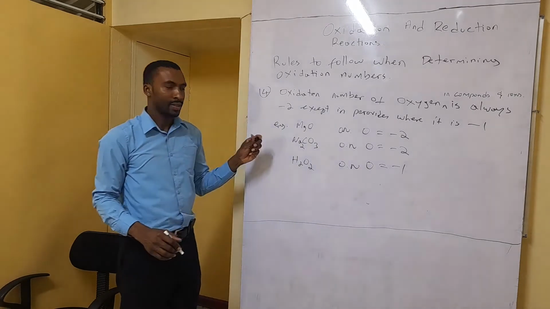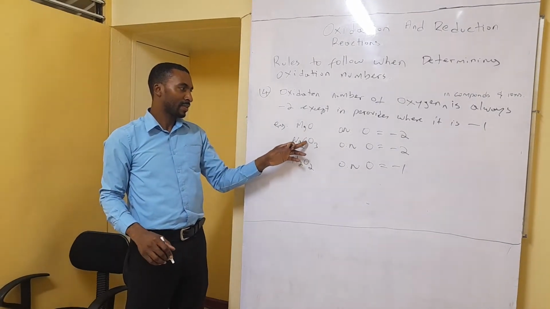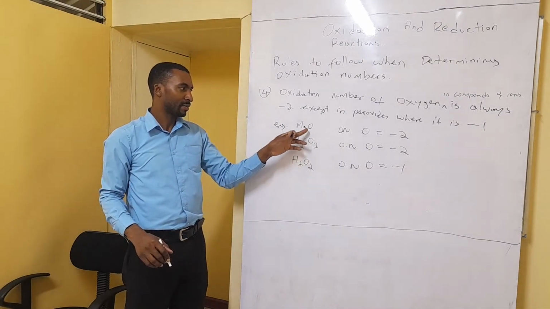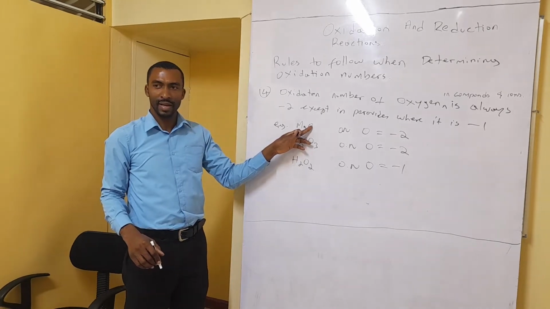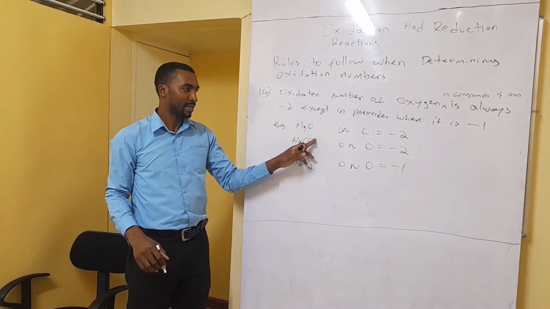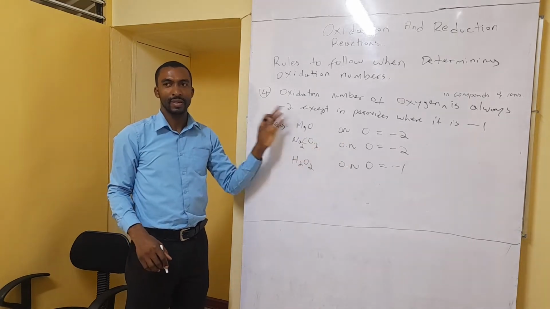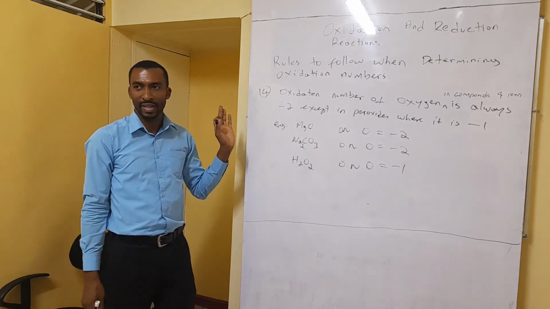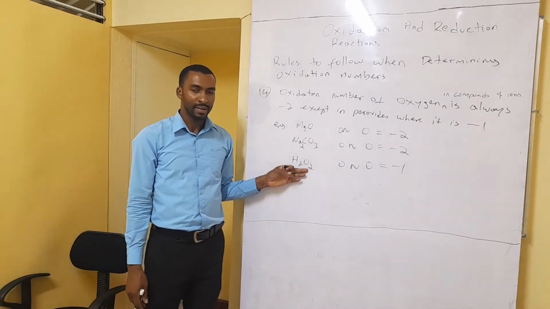Alright? So as you can see, whether the compound is an oxide as the mono ion or in carbonate, it's still -2. So the only exception for oxygen not being -2 is when it's in peroxide.